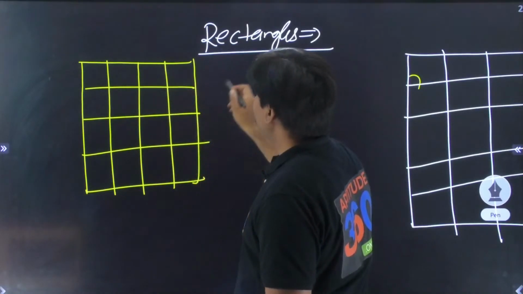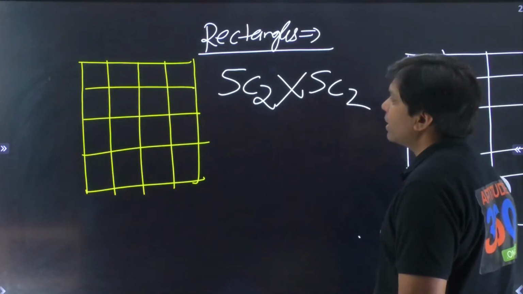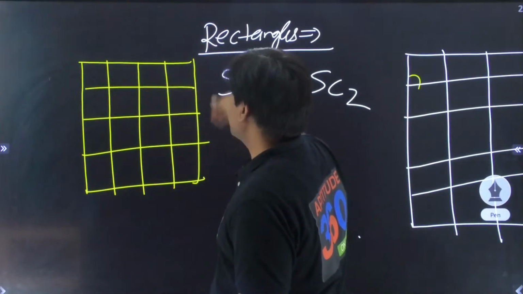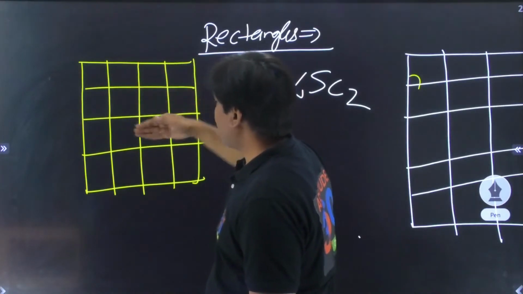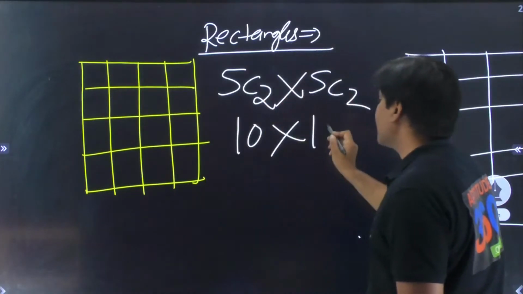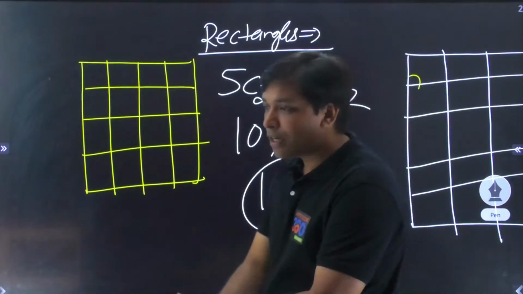So can I say that 5 vertical lines and 5 horizontal lines? ये तो हुआ ना, isn't it? 1 2 3 4 5, 1 2 3 4 and 5. So this is nothing but 10 into 10. The number of rectangles is coming out as nothing but 100.